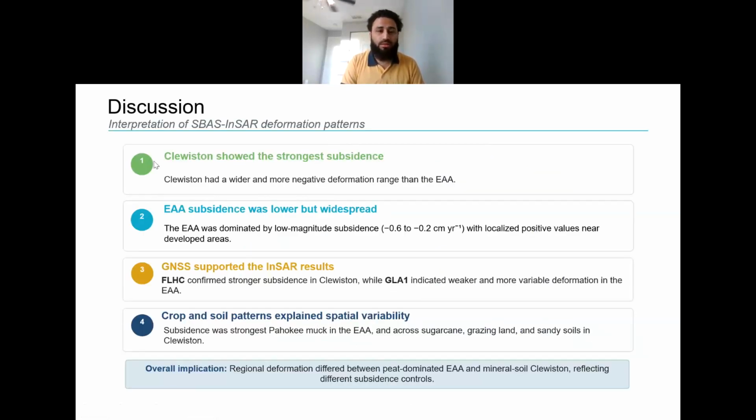This was validated with previous studies that have shown similar kinds of subsidence in the area with other numerical models. So that means this approach will help us monitor the slow subsidence that happens in agriculture regions or other places.